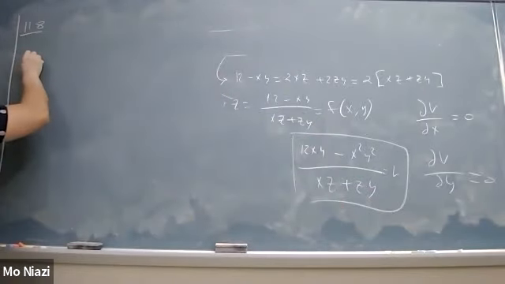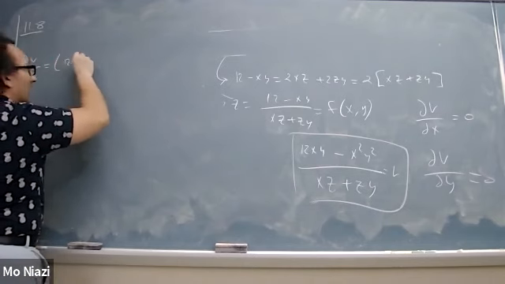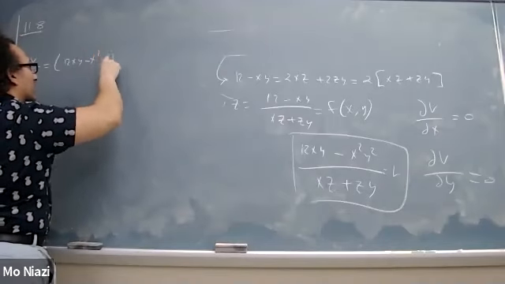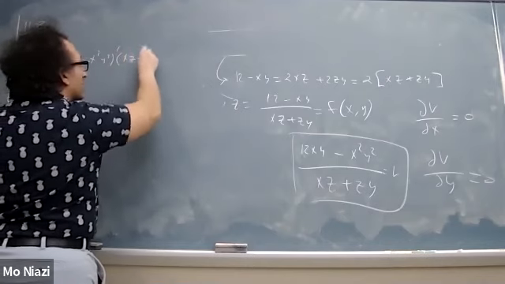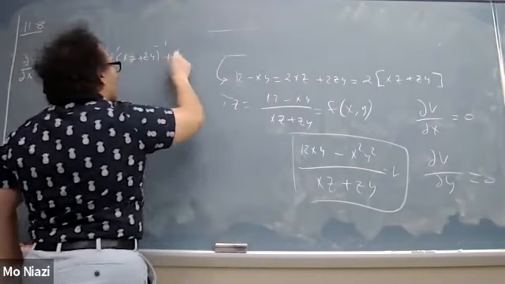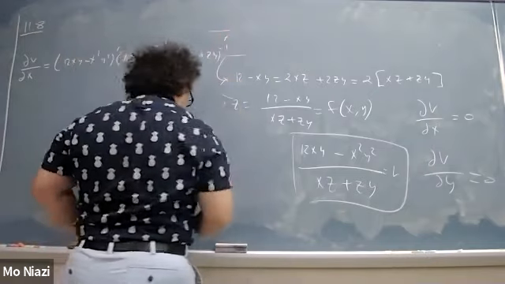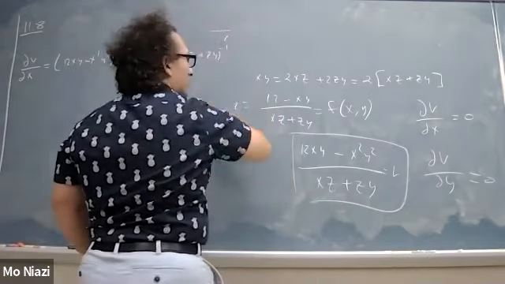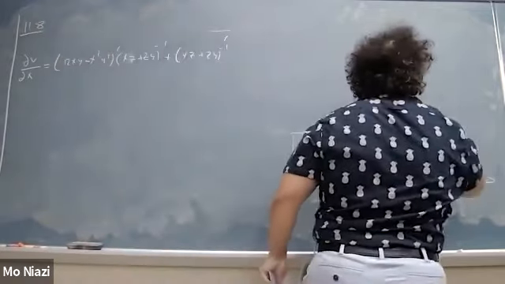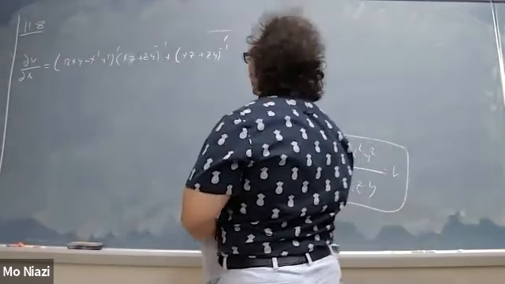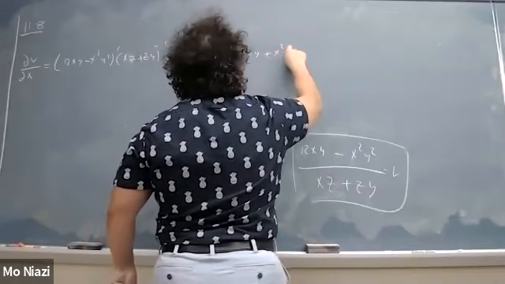So partial V partial x is the same thing as the derivative of 12xy minus x squared y squared, times the other function (xz plus zy) to the negative 1, plus the derivative of (xz plus zy) to the negative 1, times our 12xy minus x squared y squared.